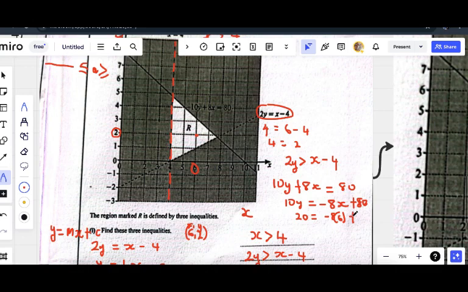Let's see what we're going to get on the left side and on the right side. Minus 8 times 6, that's negative 48, right? So we have negative 48 plus 80. What do we get? Okay, so we get 32.